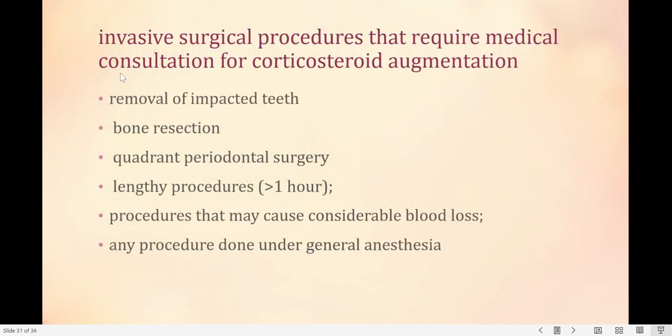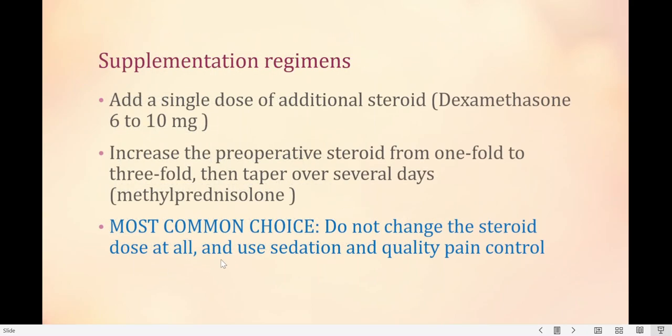In the case of invasive surgical procedures, like for example, removal of impacted teeth, bone resection, quadrant periodontal surgery, lengthy procedures which are more than 1 hour in duration, and procedures that may cause considerable blood loss, or any procedure that's done under general anesthesia, we can use certain supplementation regimens, like for example, adding a single dose of additional steroid like dexamethasone 6 to 10 milligram, or we can increase the preoperative steroid from 1-fold to 3-fold, then taper over several days.